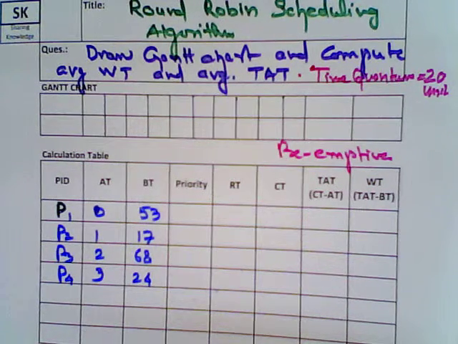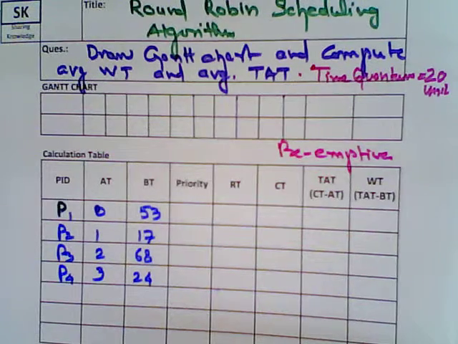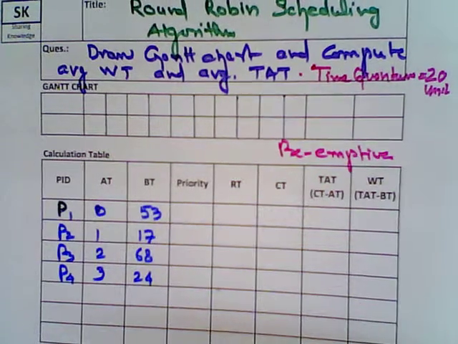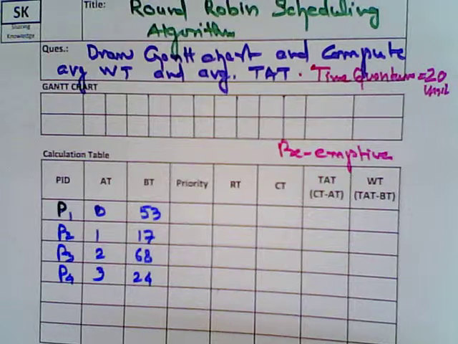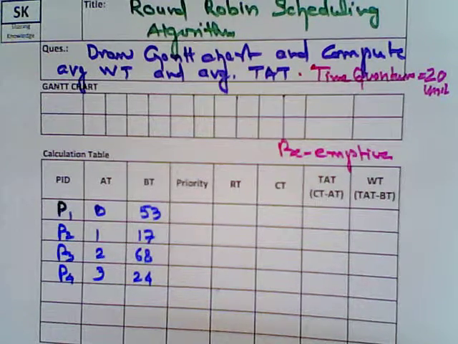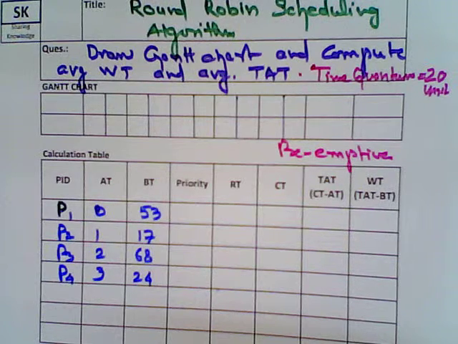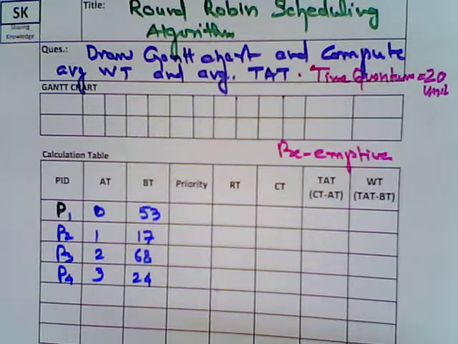In short, preemptive is a scheduling algorithm in which once the process starts running, you can stop the CPU in the middle and give the chance to another process. Non-preemptive is one in which once the process is running, you cannot interrupt the CPU, and the process releases the CPU only after completing its task. That you have to understand. So this is preemptive.